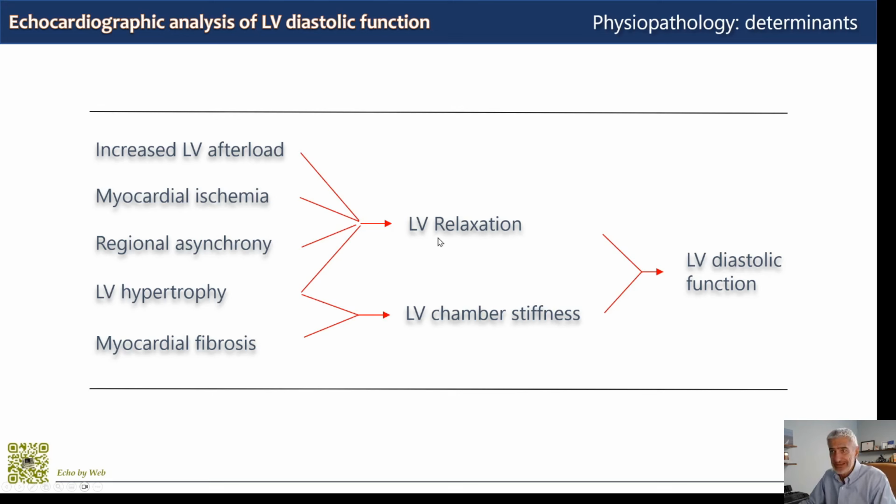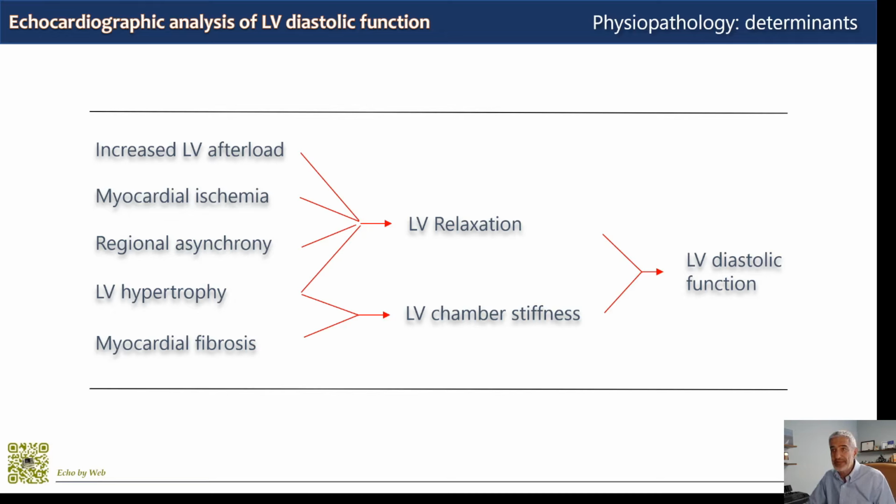So both relaxation and chamber compliance or stiffness determine diastolic function, but in the time domain, typically relaxation is prolonged, so is abnormal before there is a reduction in chamber compliance.